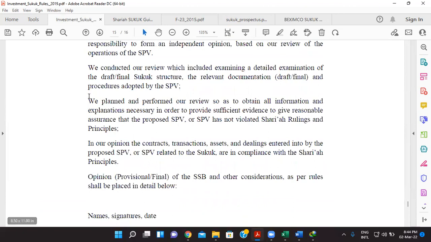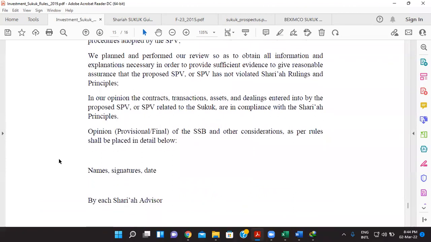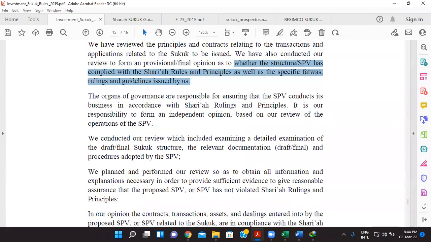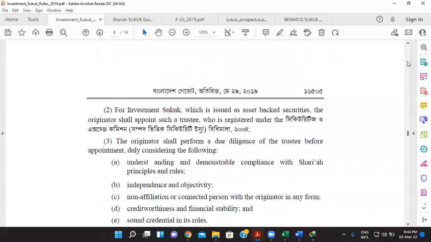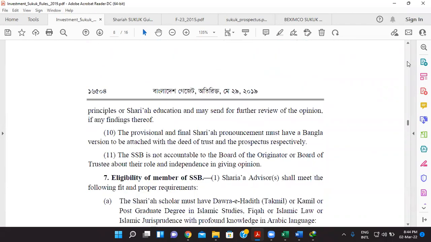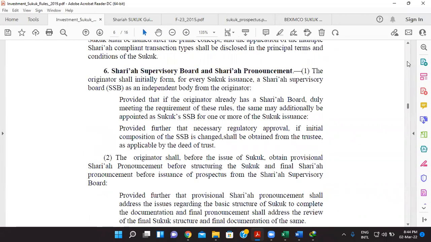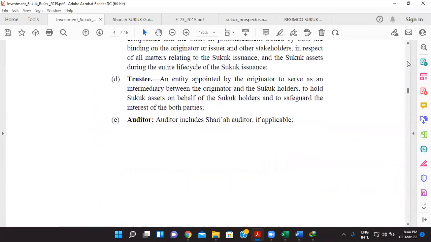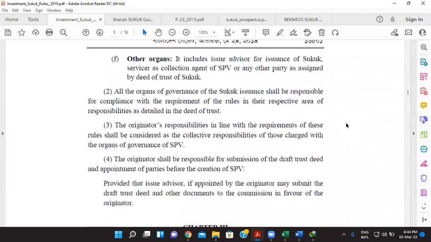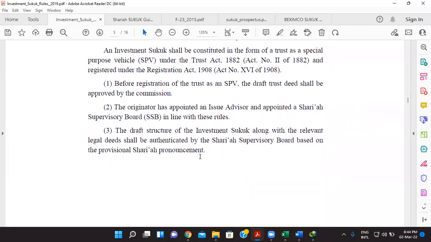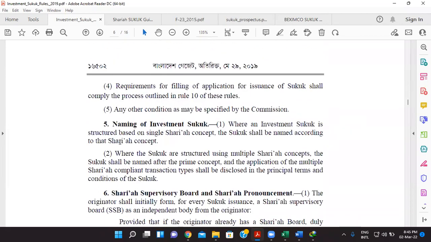Okay, so they have given a clearance, and they have provided a signature. So it is the pronouncement example given by the Sharia Supervisory Board for giving the approval that the structure, how you have created the SPV, is okay. There is no objection. This is the pronouncement, about which we discussed in this part.